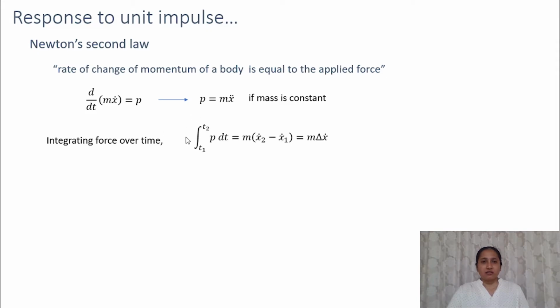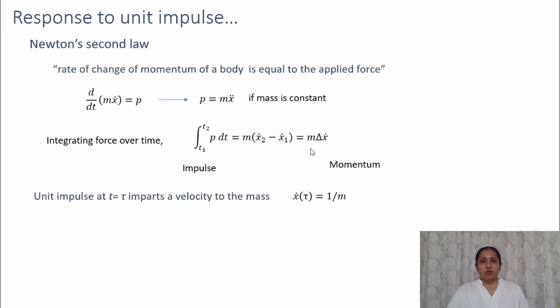We can integrate this equation over time, and the left-hand side becomes the integral from T1 to T2 of p dt, which is equal to mass times the integral of acceleration, and that will be the change in velocity. So we get that the impulse is equal to the change in momentum.